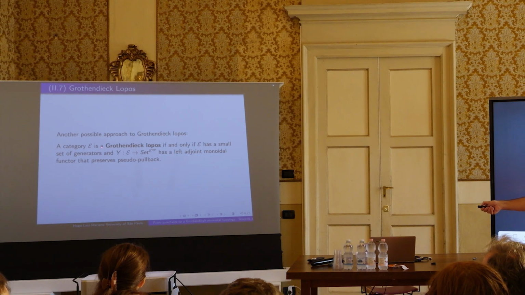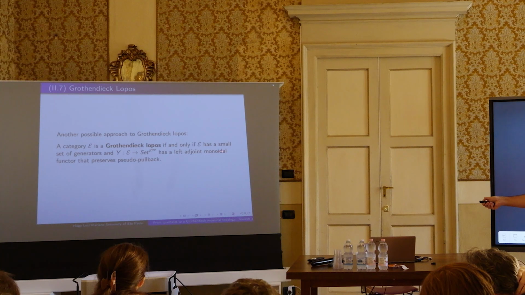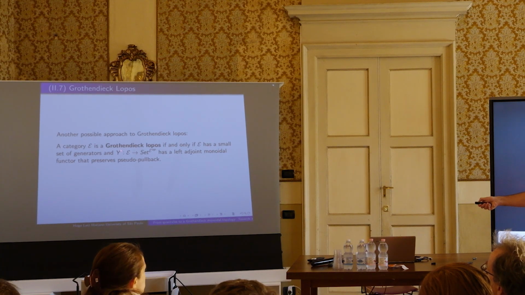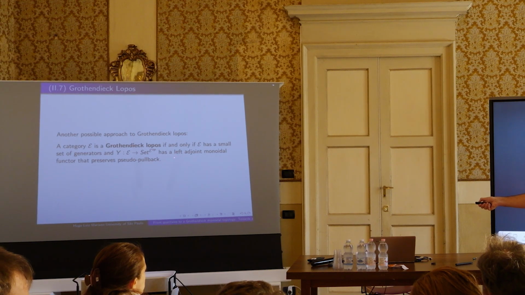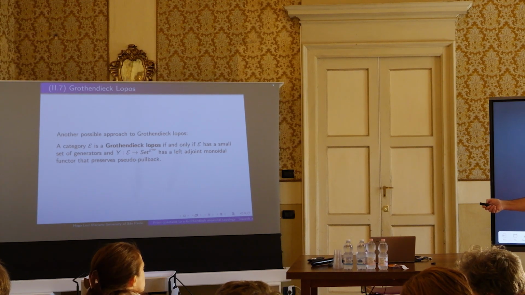And of course, there are many other possible approaches to what Grothendieck lopuses should be. For instance, we can try to approach it from this side: consider the Yoneda embedding, and suppose that it has a left adjoint that is monoidal and preserves pseudo-pullbacks.